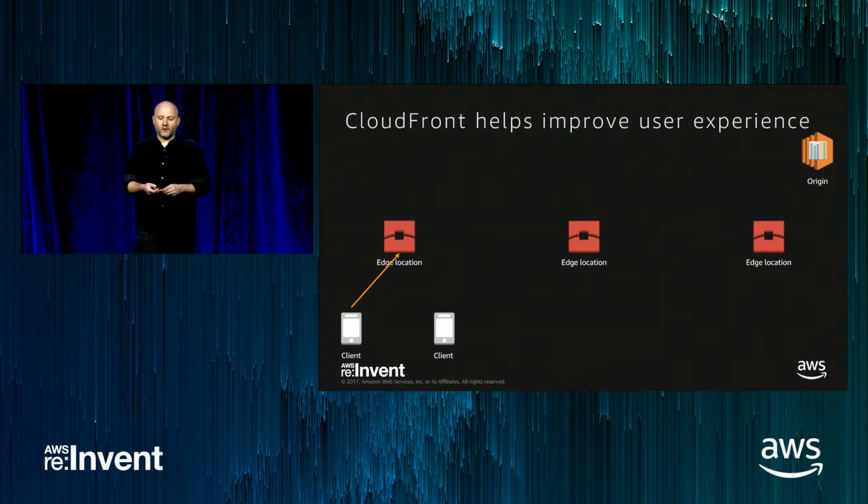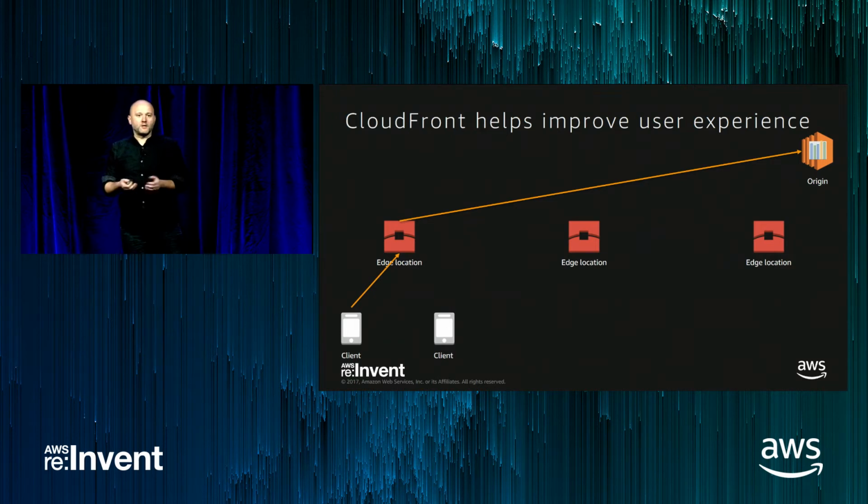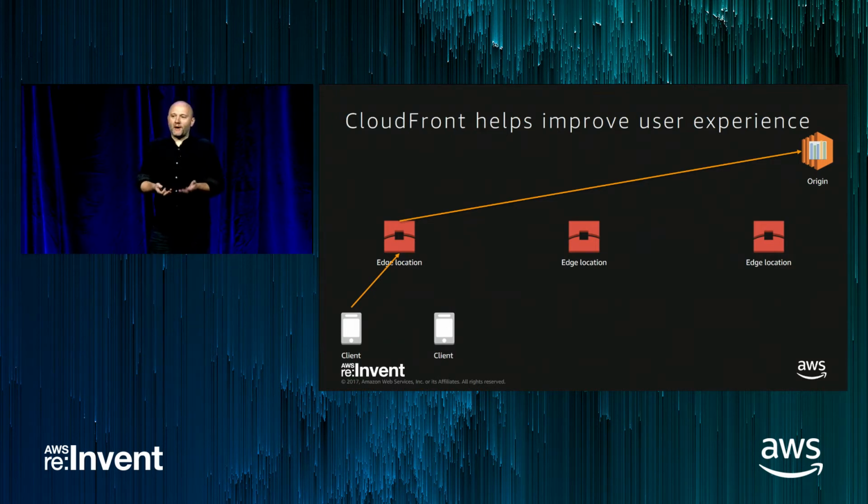Once you set up the TCP connection, the client can make an HTTP request to CloudFront to receive the piece of content. In this case, it's not in the CloudFront cache, so the CloudFront edge location is going to make a request back to the origin server. It does the same thing of establishing a TCP connection. This is typically over a longer distance, so it will take longer to establish, but the benefit is that the TCP connection is persistent.